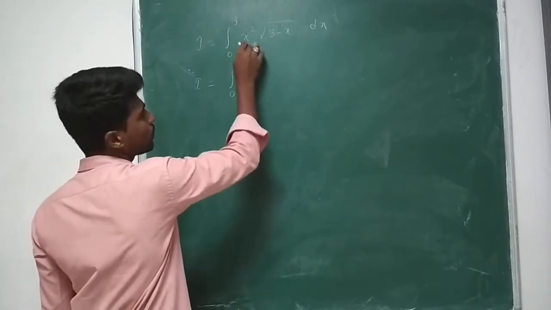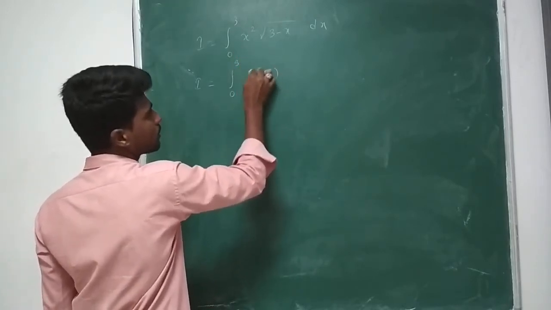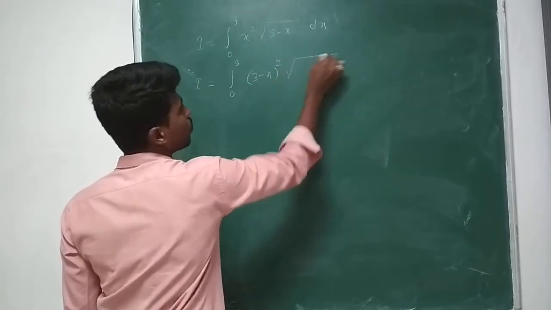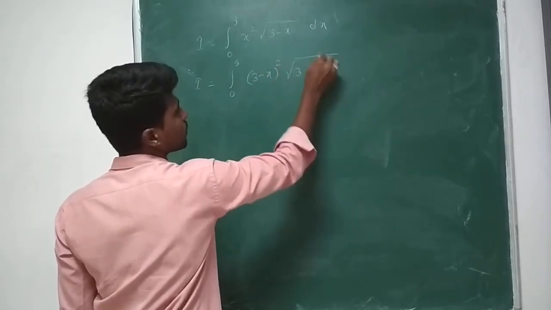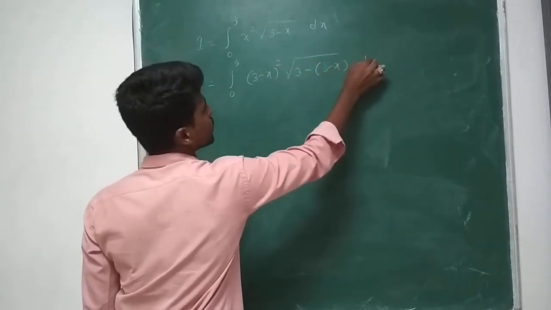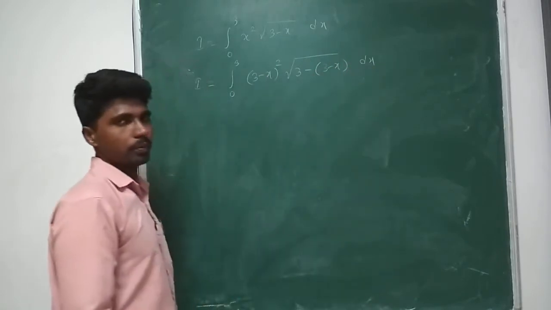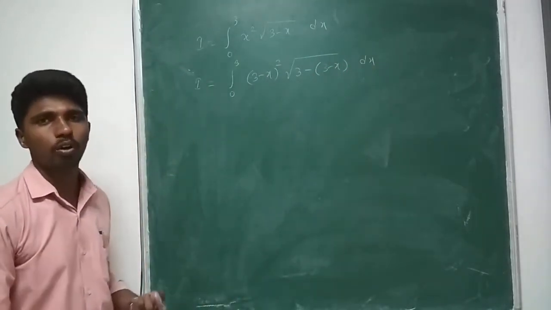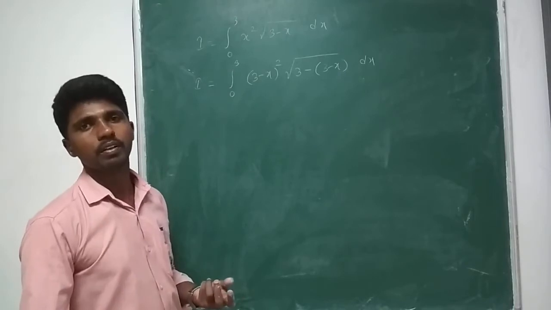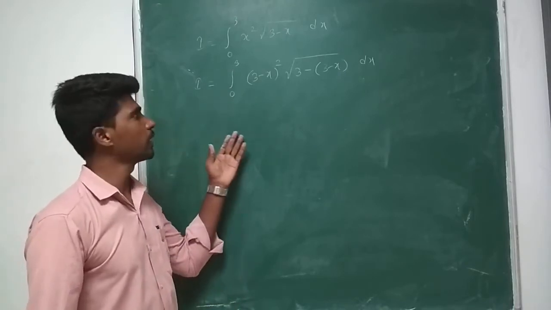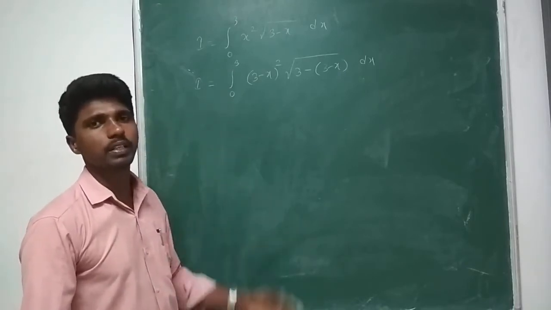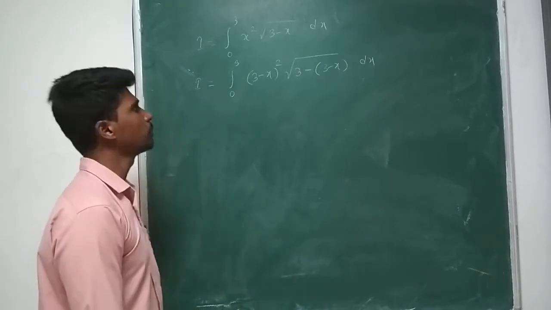So in place of x I write 3 minus x: (3 minus x) whole square, root over 3 minus (3 minus x) dx. Sometimes they may give 1 minus x power n or 1 plus x power n. You just go with this method; it makes the solution easy.